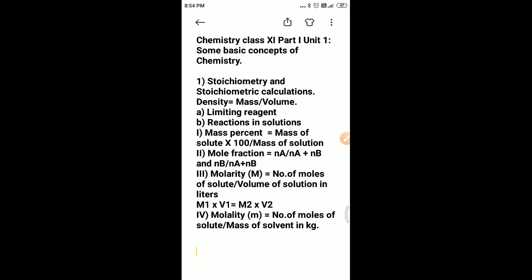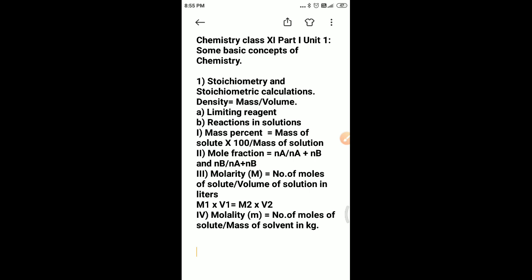The concentration of a solution, or the amount of the substance present in a given volume, can be expressed in the following ways: mass percent or weight percent, mole fraction, molarity, or molality. Now we'll discuss one by one in detail what is mass percent, mole fraction, molarity, and molality. Okay, first mass percent.